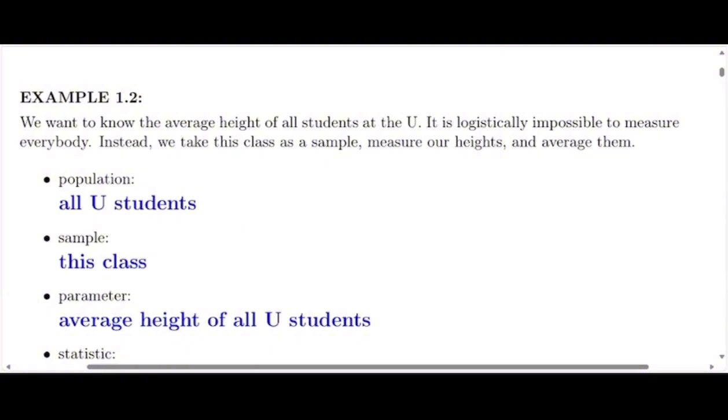Does that make sense? Now, let's take a look at this scenario together. And we can also ask you to identify variable. Let me write it so that you know what I'm talking about.